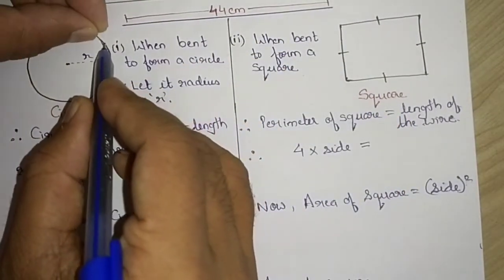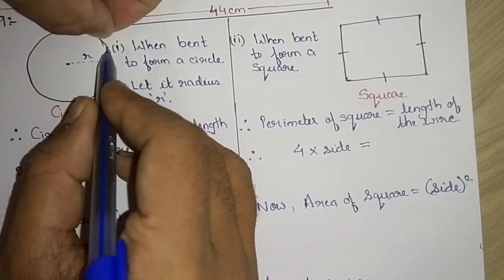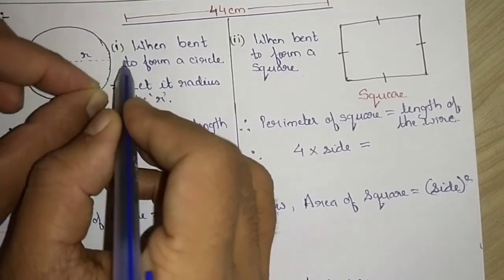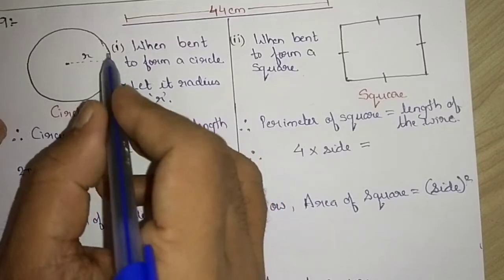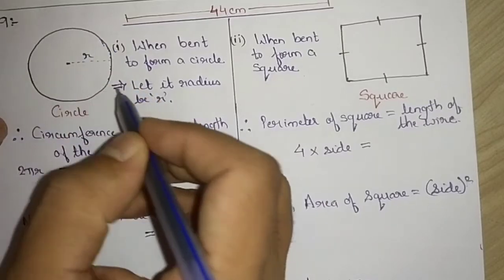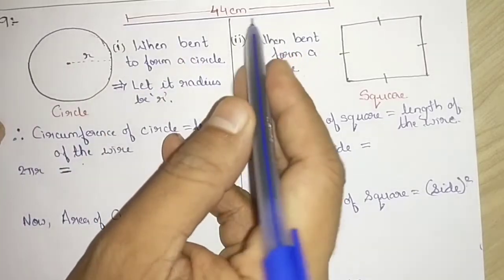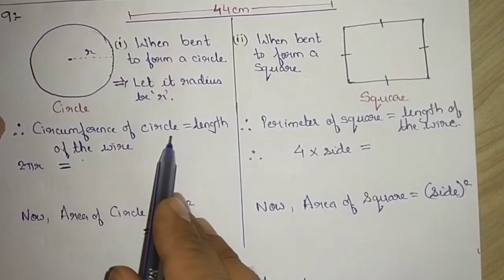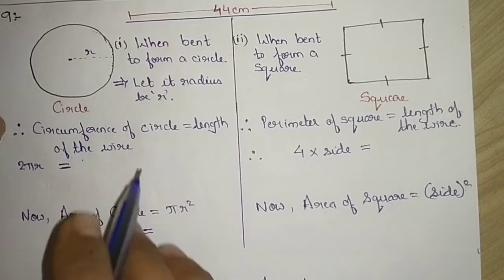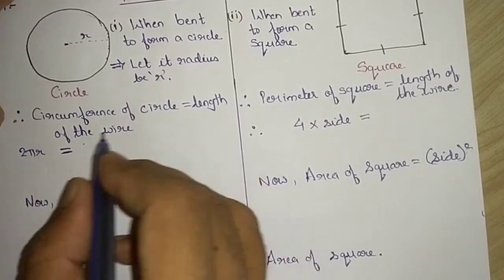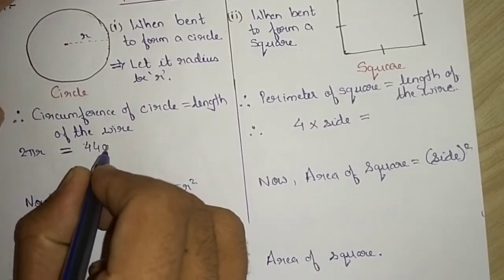Definitely, if we are bending the wire, it will be the total length of the wire. So I will write, circumference of the circle is equal to length of the wire. And what is the length of the wire? It is 44 centimeter.